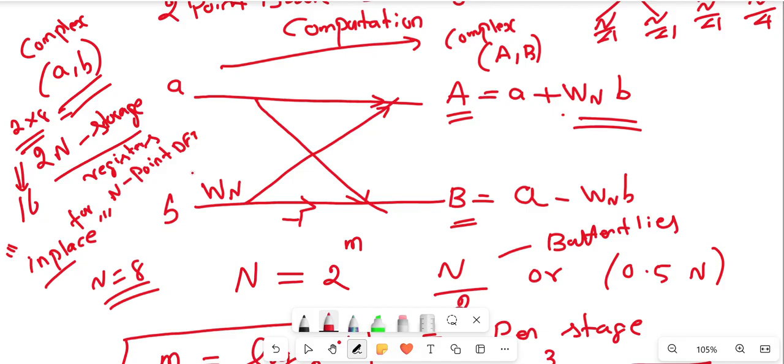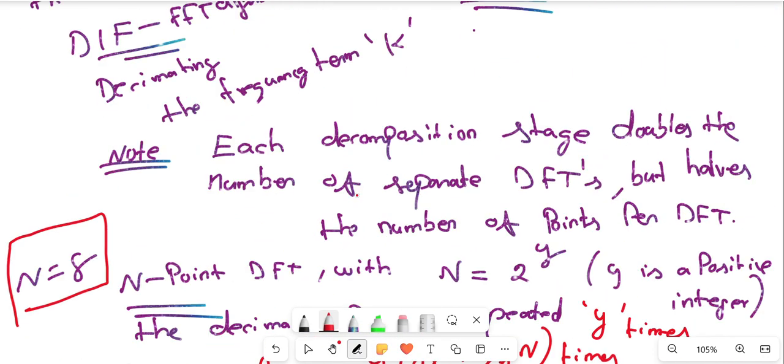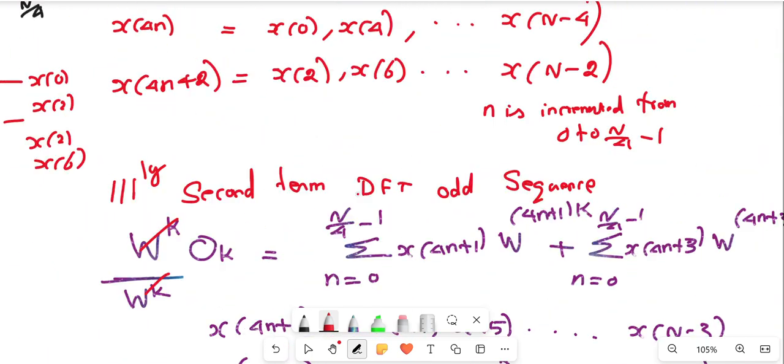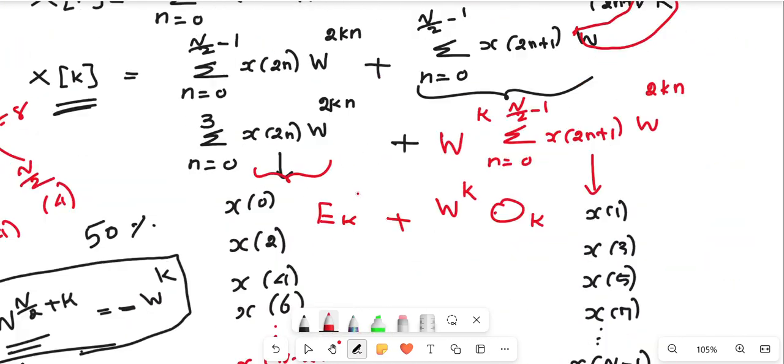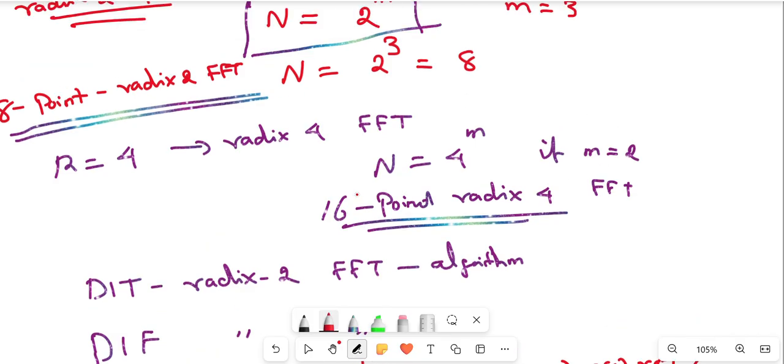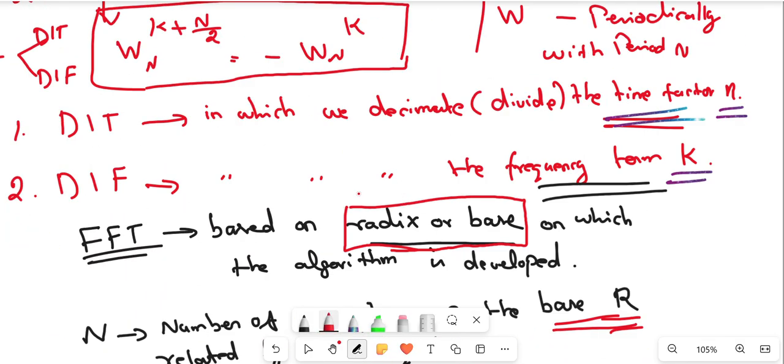So, butterfly structure. In this session, we have covered the complete fundamental concepts of FFT, decimation in time algorithm, radix 2 algorithm.